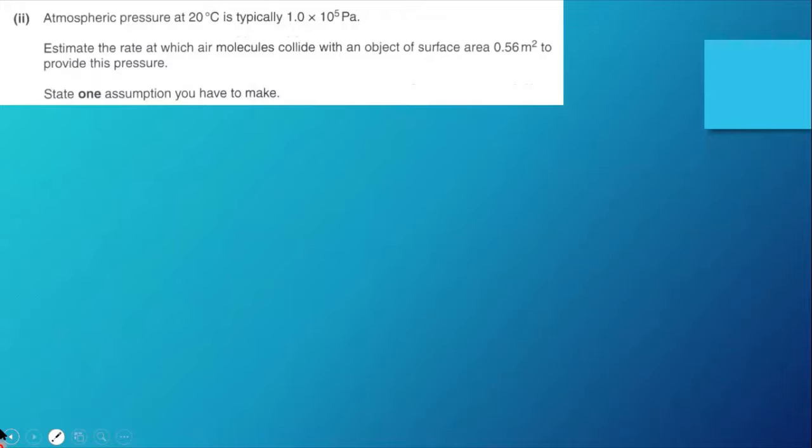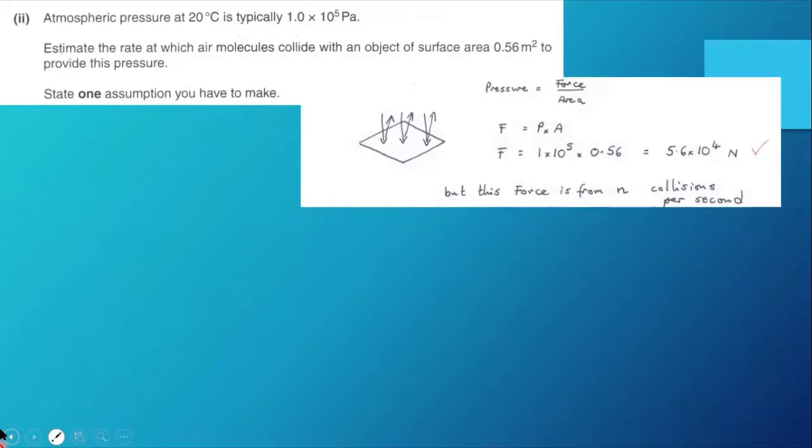And we're asked to state one assumption. Well, pressure equals force over area. I'm always telling my students to draw little diagrams to help them visualize what's happening. Force equals pressure times area, so force equals the pressure that we're given times the area, which is 5.6 times 10 to the 4 newtons.